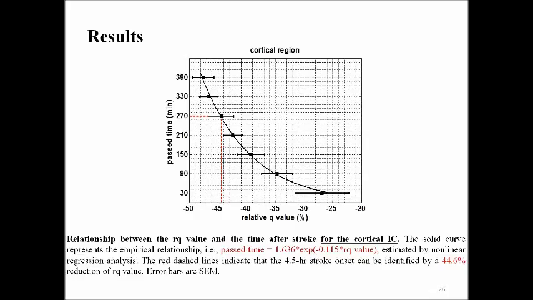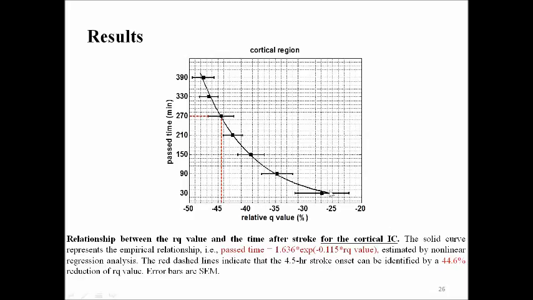A nonlinear regression analysis was further applied to estimate the relationship between the RL values and the time after stroke. The time after stroke onset can be assessed by this equation.